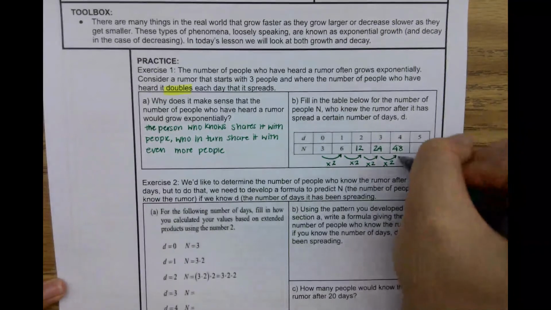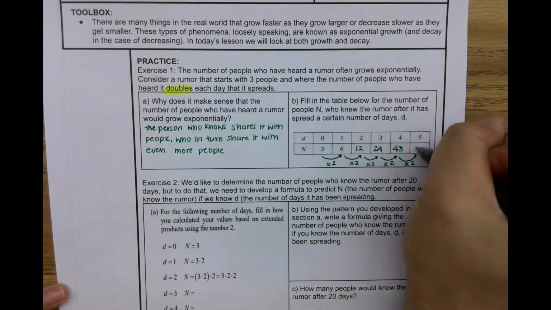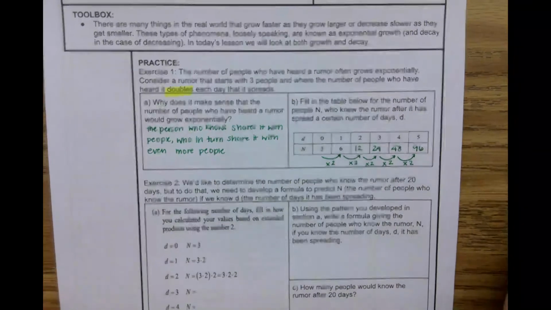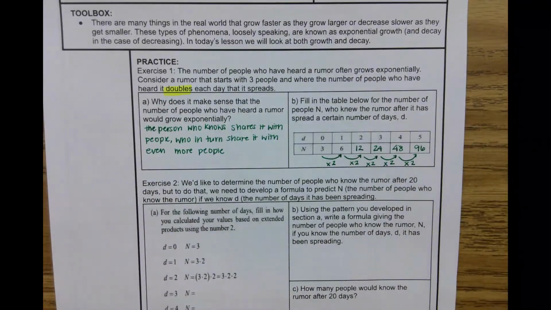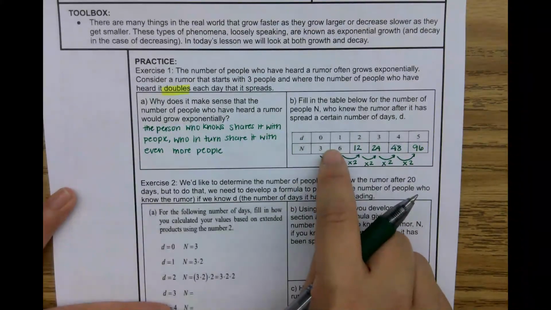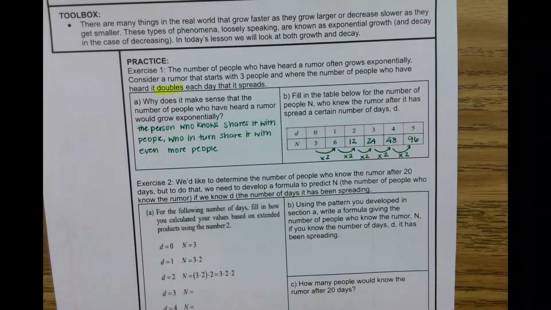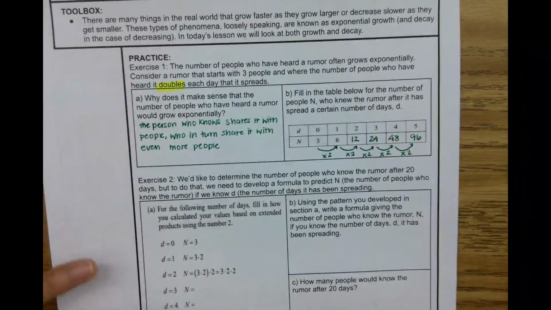Okay, they keep going, next day share it with more people, and now 96 people know about the rumor, right? And it keeps going and growing and growing and growing. And as you see, in the beginning it might have only grown by 3 people, but then it grew by 6 people and 12 people and 24 people and so on and so forth. It keeps growing, and this is known as exponential growth.